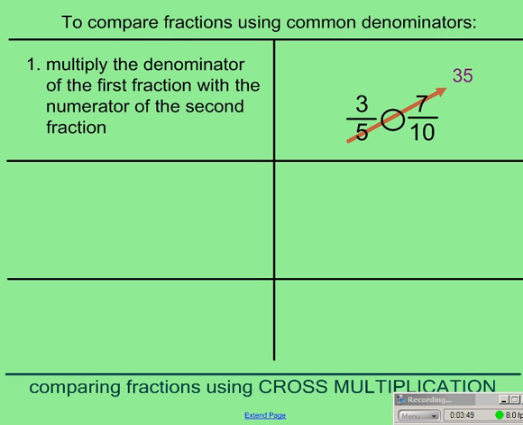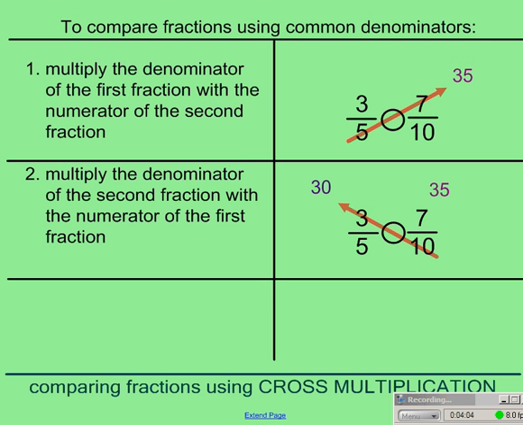So if we're comparing 3/5 and 7/8, we're going to take the denominator on the left, which is 5. We are going to multiply it by the numerator on the right, which is 7, and our product is 35. The next step is you take the denominator on the right, you multiply it by the numerator on the left, and our product is 30.